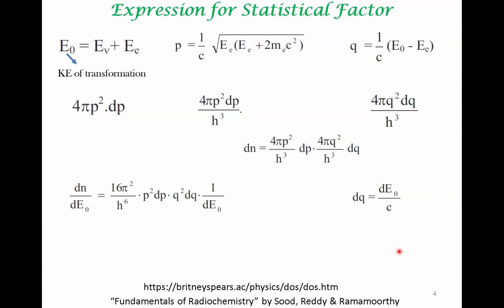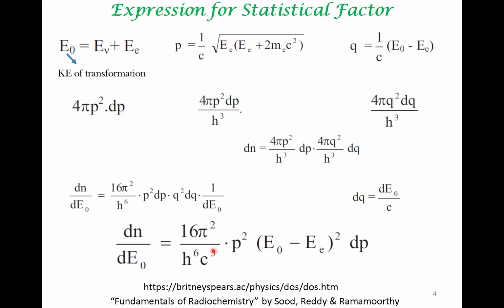Again, some of this is explained here, but to do justice to this, you have to go a lot deeper into nuclear physics. I'm just trying to give you a broad overview of this derivation. Once you have this, you insert this quantity into this quantity. So dE naught will cancel off with this.